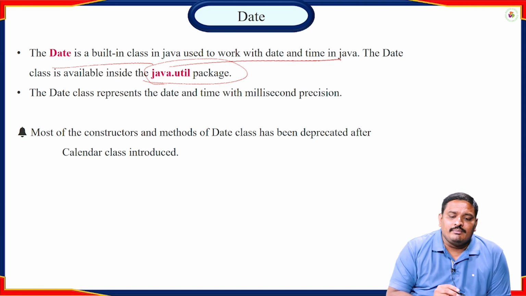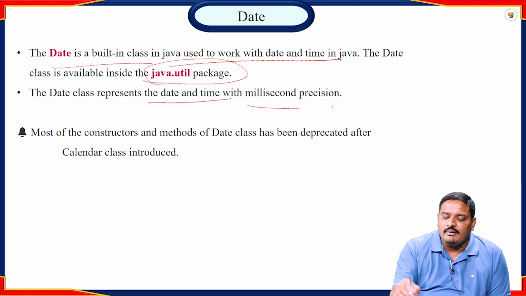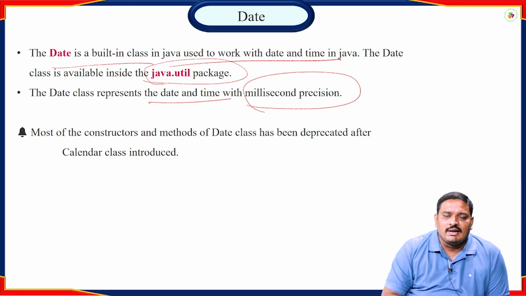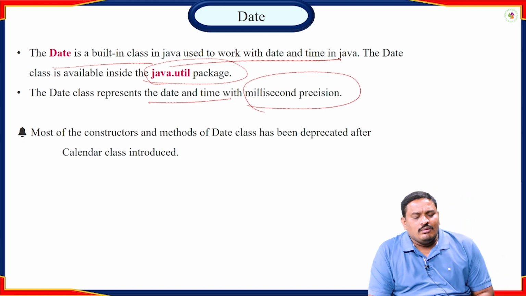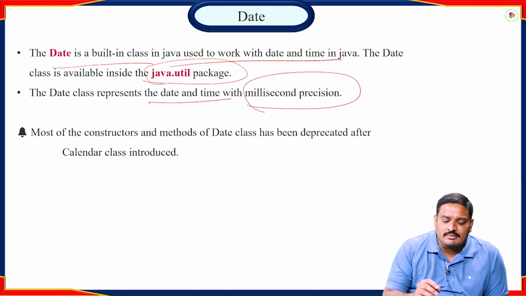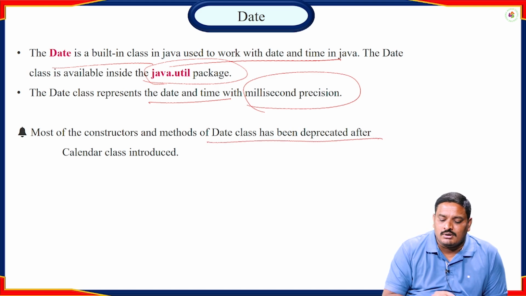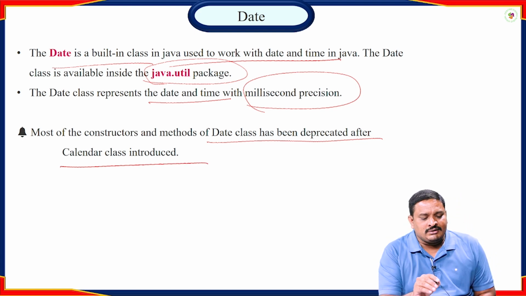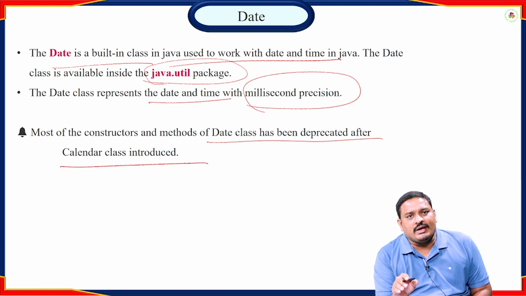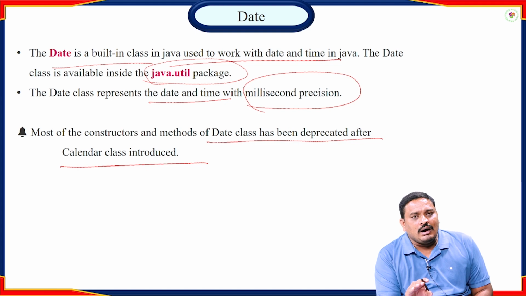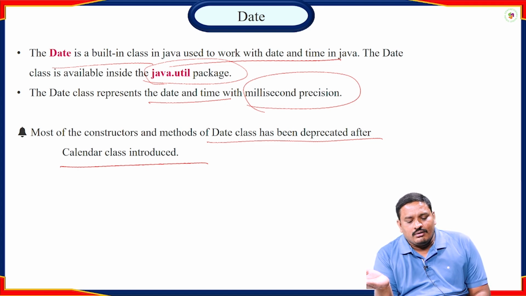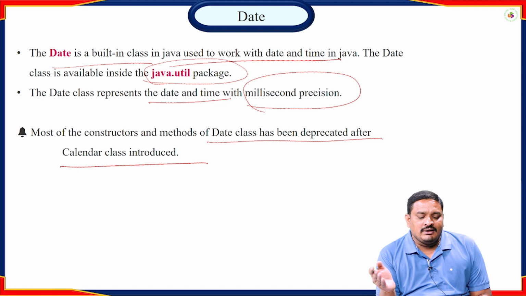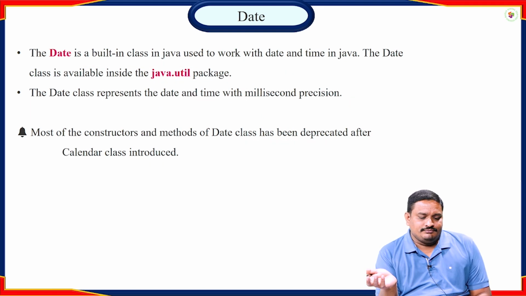The Date class can represent the date and time with milliseconds. Most of the constructors and methods of the Date class have been deprecated after the Calendar class was introduced. The main thing is, first the Calendar class was introduced, and after that the Date class was deprecated.